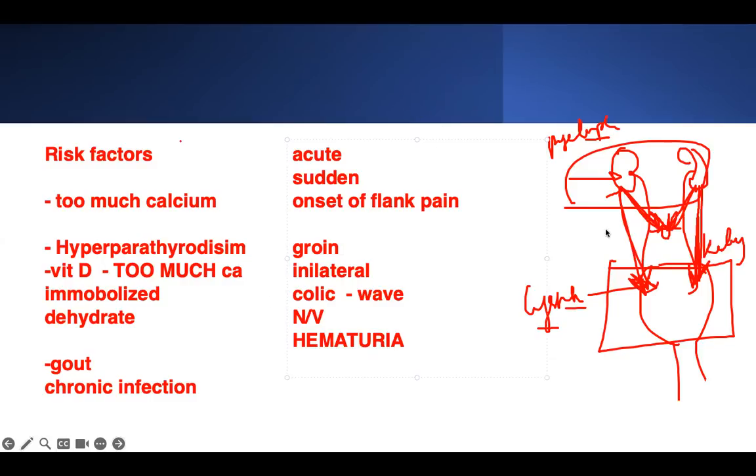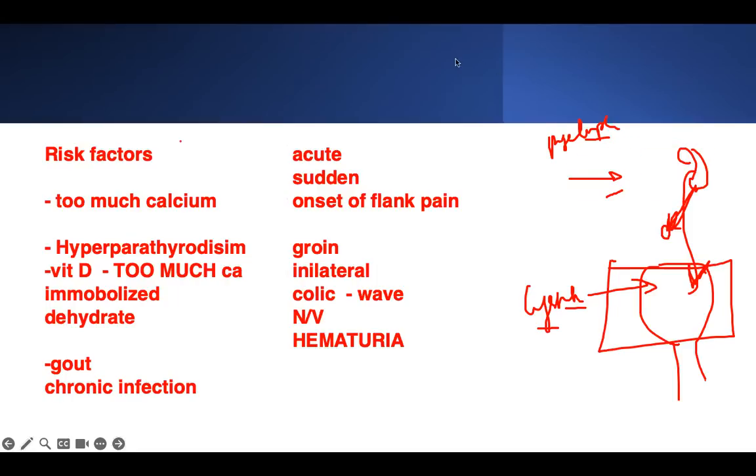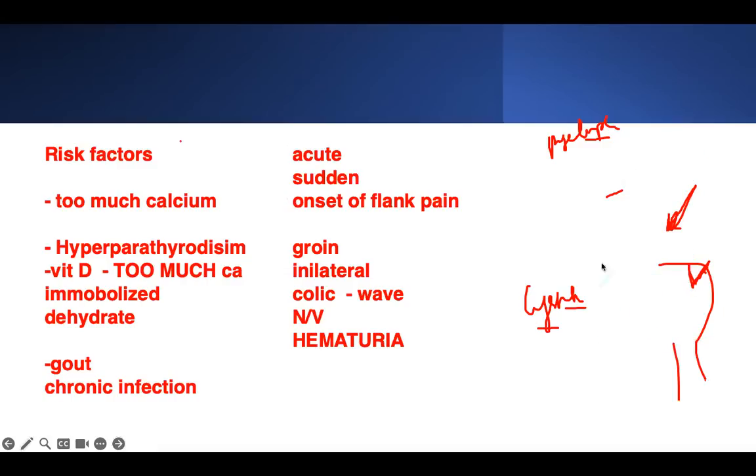If the stone blocks the ureter, let me clean it up.